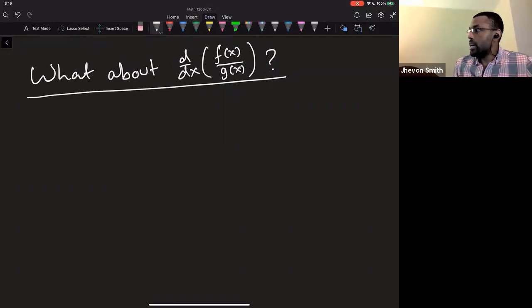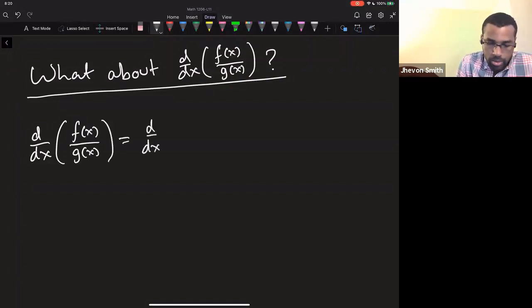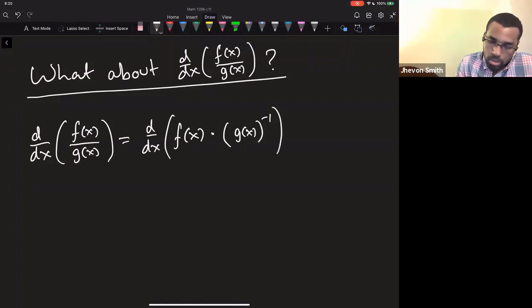So for example, dividing by 2 is the same as multiplying by 1 over 2. So that is really just a derivative of f of x times g of x to the minus 1. And now we can apply the product rule.